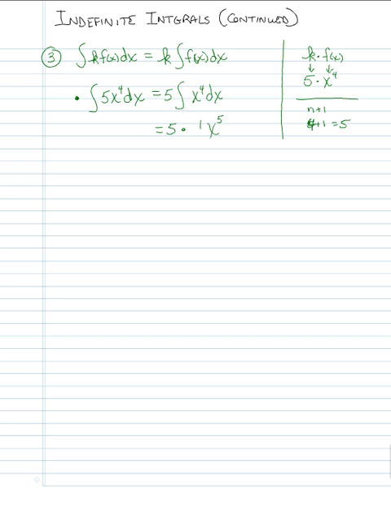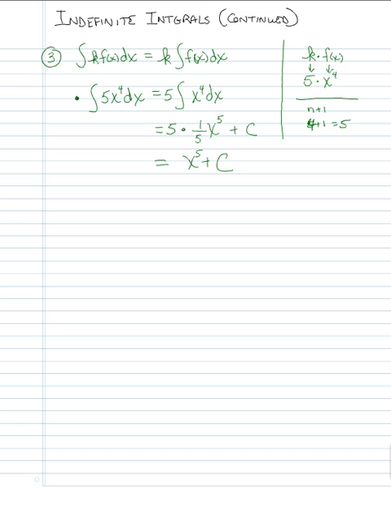And then remember, in front of that, we have to put the reciprocal of that new exponent. And so the reciprocal of 5 is 1/5. And then we don't forget to put our plus constant of integration. Now we look at this to simplify, and we know 5 times 1/5 is just 1, and so this becomes x to the 5th plus our constant of integration.